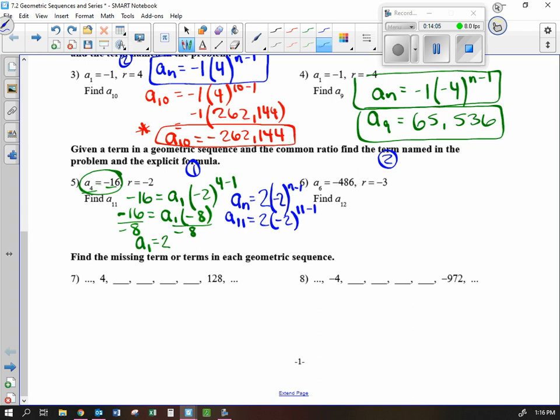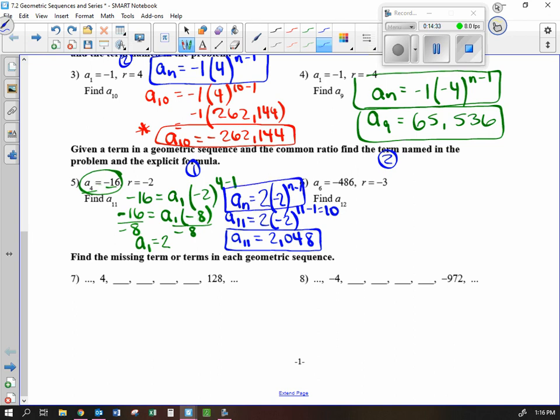Let's plug this into our calculator. Negative 2 raised to the 10th, this is really 10, and then times 2. We should be getting 2,048. And that's our answer.